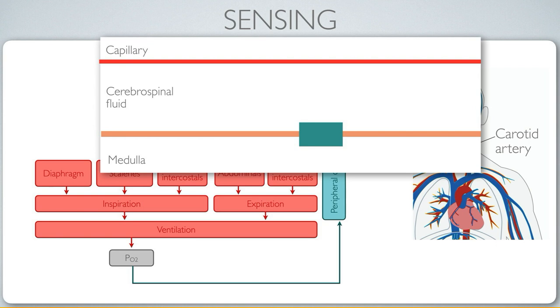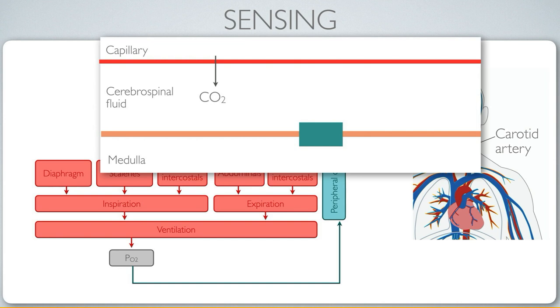So let me illustrate. These chemoreceptors are sensitive to carbon dioxide. So the carbon dioxide in the capillary will diffuse into the cerebral spinal fluid, and then that causes the chemical reaction that we've described in an earlier lecture when I was talking about carbon dioxide transport.